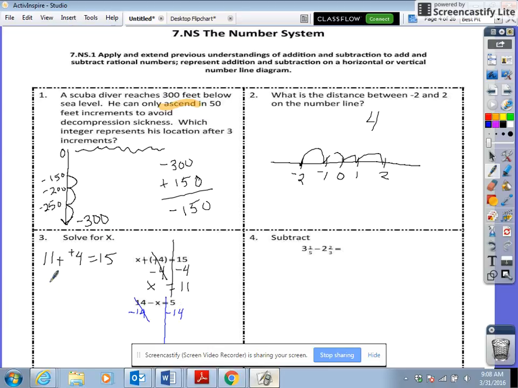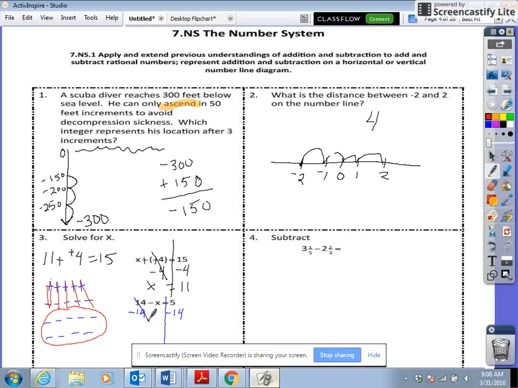We have 5 pluses: 1, 2, 3, 4, 5. And you have 14 minuses: 1, 2, 3, 4, 5, 6, 7, 8, 9, 10, 11, 12, 13, 14. So if we cross those out, I have a pair here, a pair here, a pair here, a pair, and a pair. And right now I have 9 left over, 9 negatives.